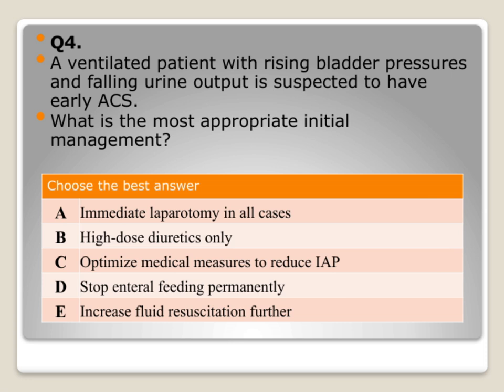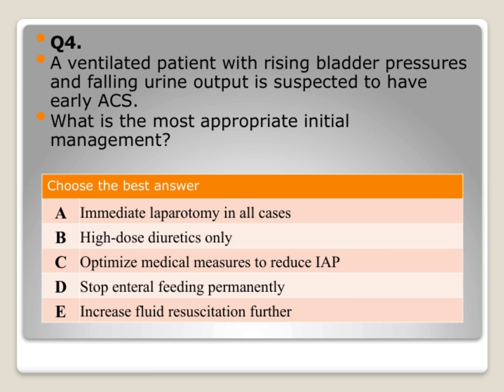By adjusting things like patient positioning, ensuring adequate sedation, and reducing fluid overload, we can often lower the intra-abdominal pressure and prevent progression. Highlighting the most important concept, it's crucial to recognize early signs and focus on medical management first, rather than rushing straight to surgery. This approach aligns with the overall goal of preventing organ failure and improving patient outcomes.